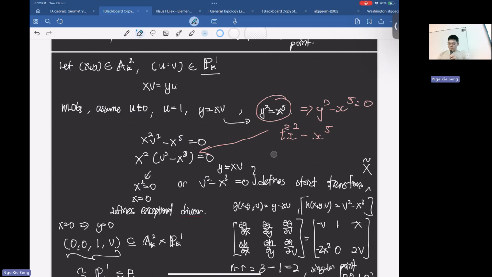But what is the thing you can divide by here? What is the IF? The maximal x you can take out, which is x squared. So you get t squared minus x cubed. That's how you get this.